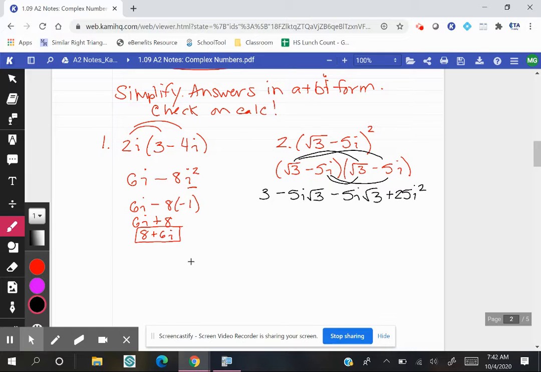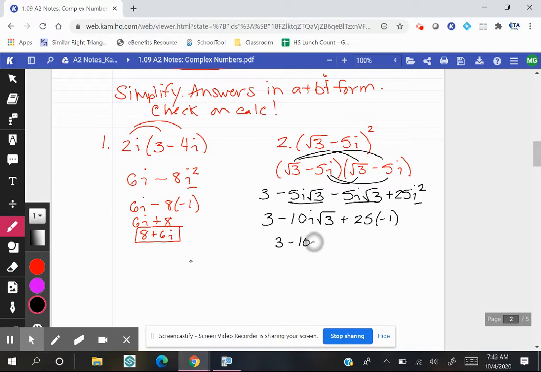Now you can combine your like terms and sub in your negative 1 for i squared, because we can only leave i to a power of 1. When we combine these two, they both have an i and they both have a rad 3, so they're like terms. So negative 5 minus 5 would give me negative 10i rad 3. Just add the coefficients. And then 25 times i squared is negative 1.